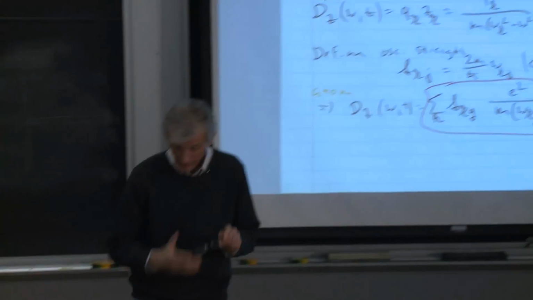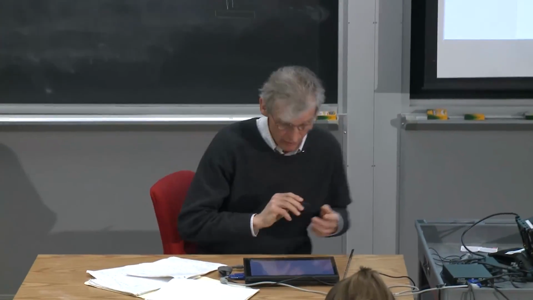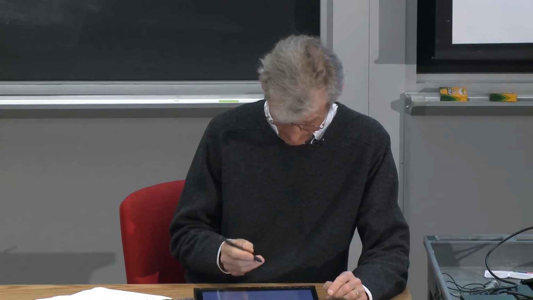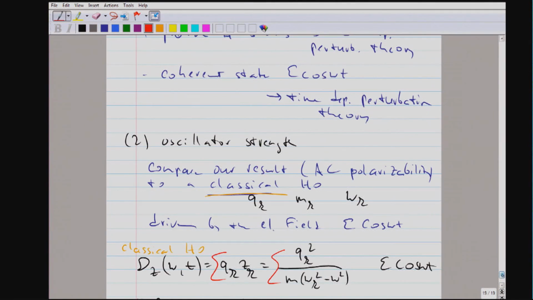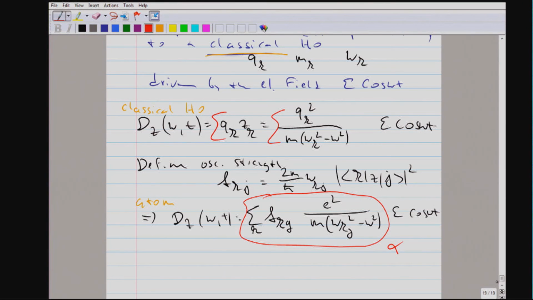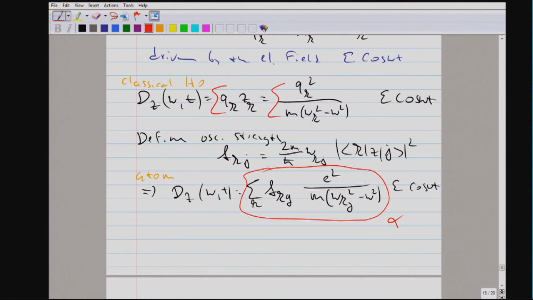So if I would now say we have an ensemble of harmonic oscillators, and the harmonic oscillators may have different frequencies and different charges, then I have made those formulas exactly equal, and I can now formulate that the atom reacts to a time-dependent electric field exactly as an ensemble of classical oscillators with effective charge.